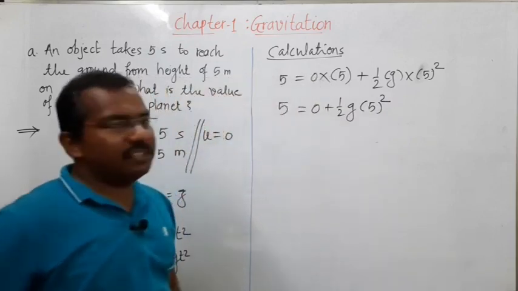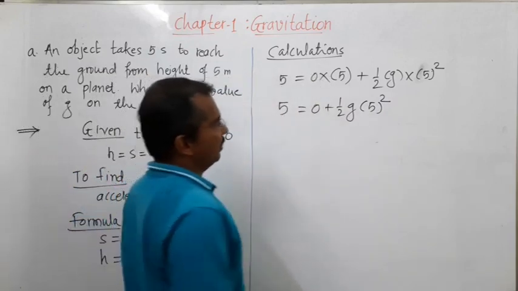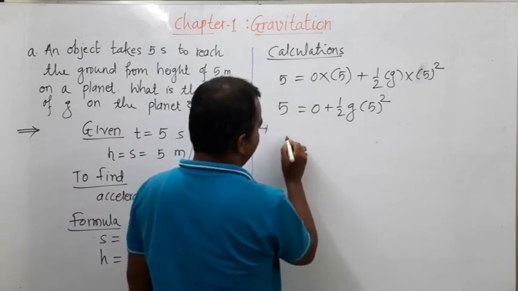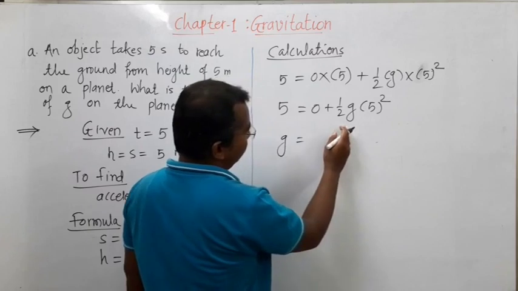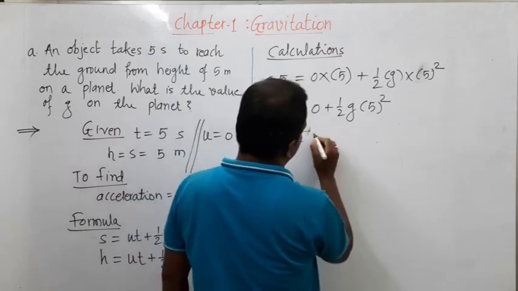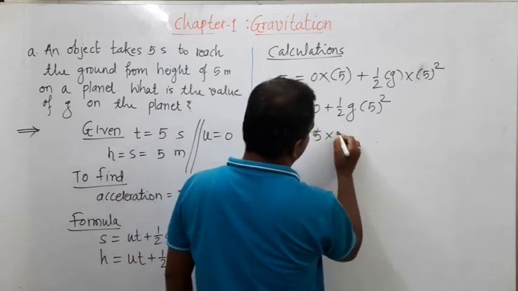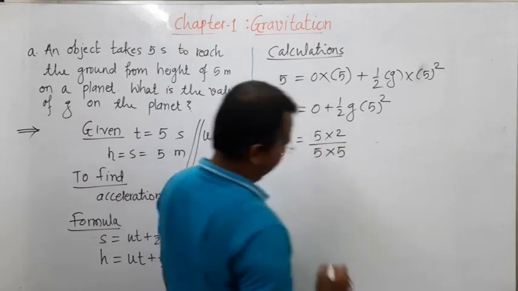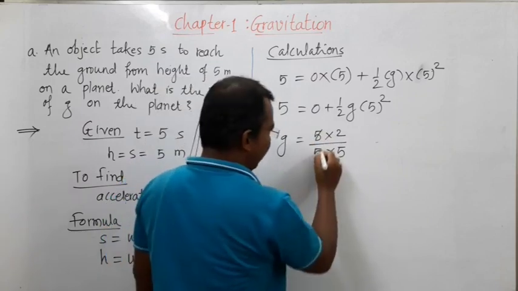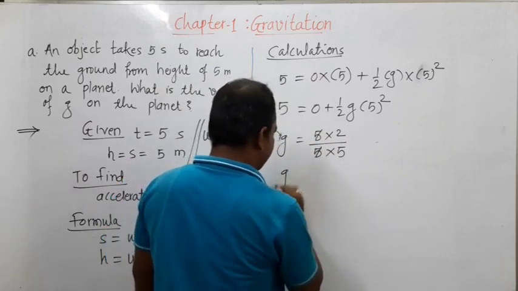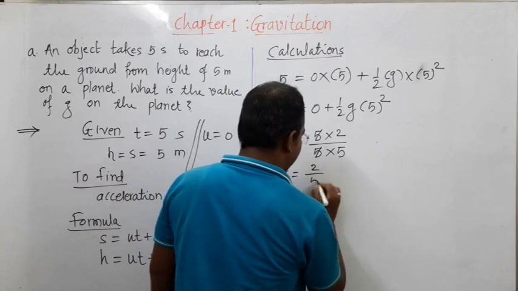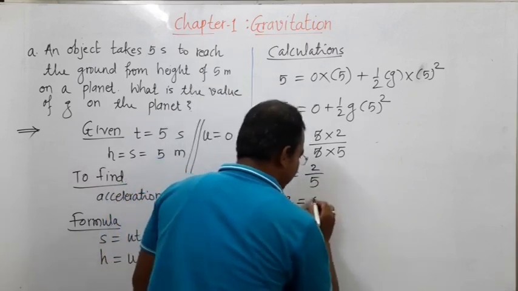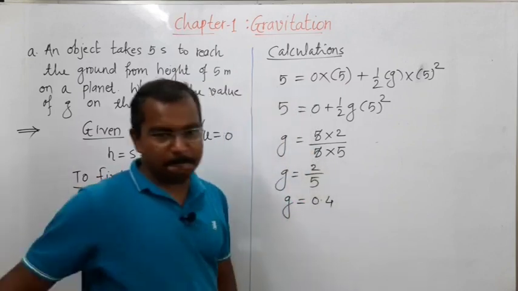I will rearrange this equation. So it will become g = 5 into 2 divided by 5 into 5. So this 5 and this 5 will get cancelled. g is equal to 2 divided by 5, and the answer is very simple. g is equal to 0.4.